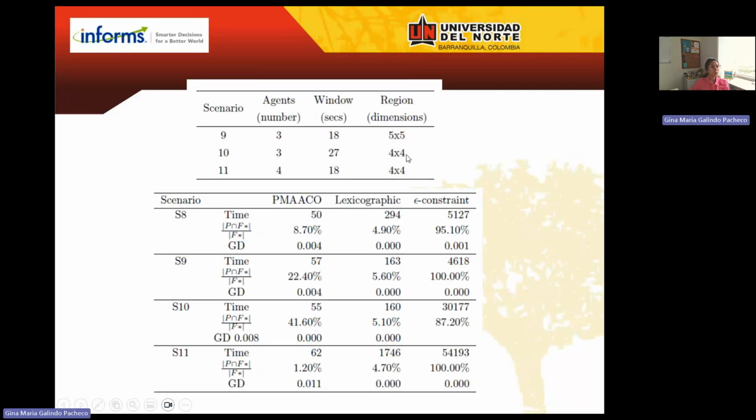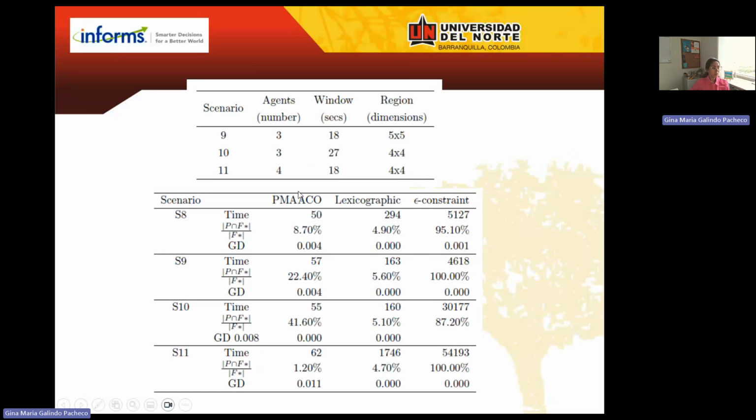Then we moved forward to larger instances. In those cases, the epsilon constraint method, in terms of computational time, started to struggle. The lexicographic approach was doing okay at the beginning, but then with larger instances, the computational time also became too large.